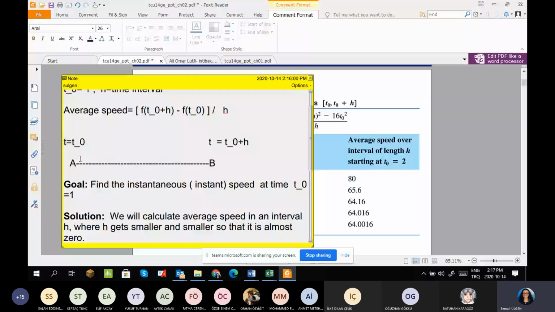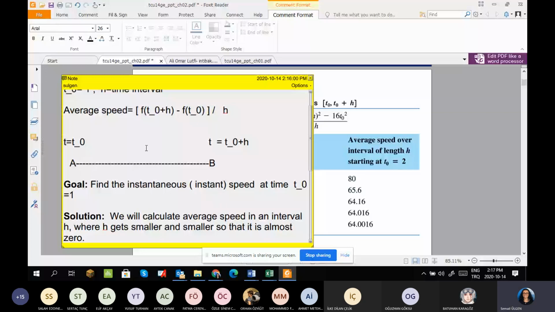So we are going to change this h, make it smaller and smaller. For example, h is equal to 5, h is equal to 2, h is equal to 1, h is equal to 0.05, h is equal to 0.005, h is equal to 0.0000001. If you do that, you are having smaller and smaller intervals close to A.